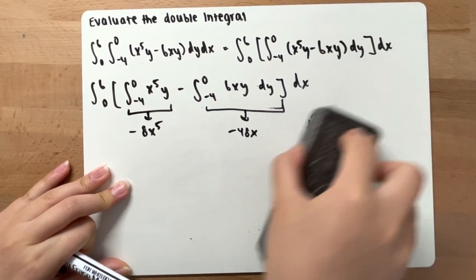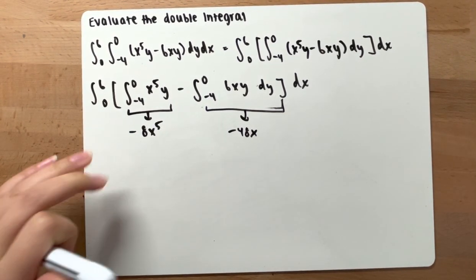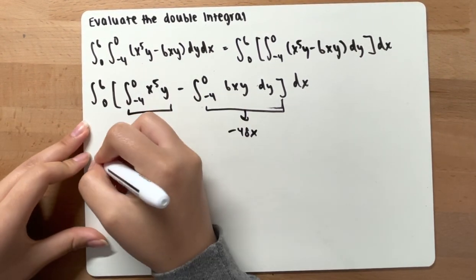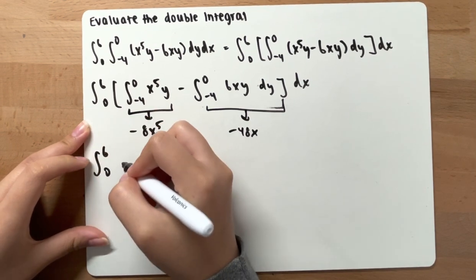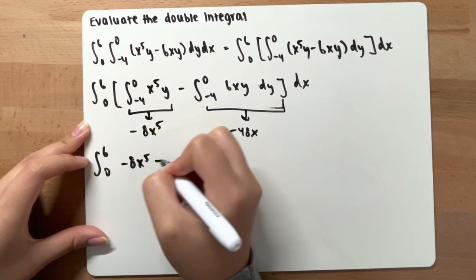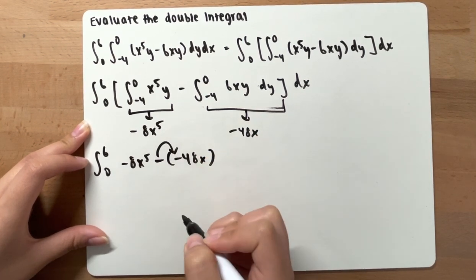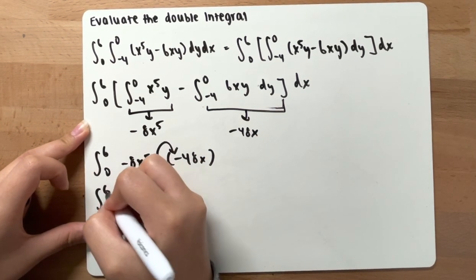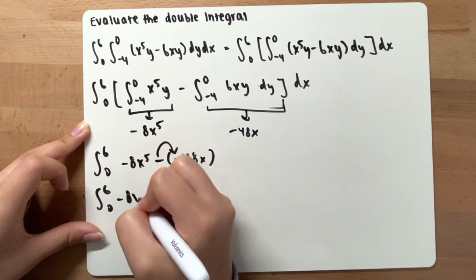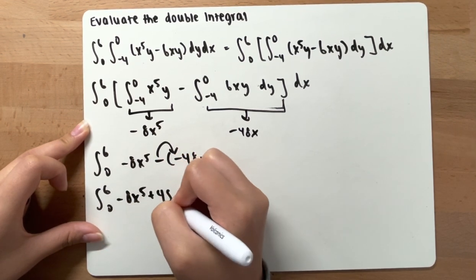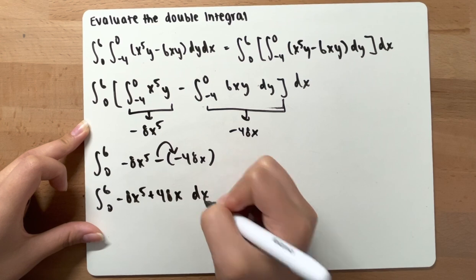If you look closely, you see that there's a negative right here. Therefore, you now have -8x^5 minus -48x. Now distribute the negative. You have the integral from 0 to 6 of -8x^5 plus 48x dx, okay?